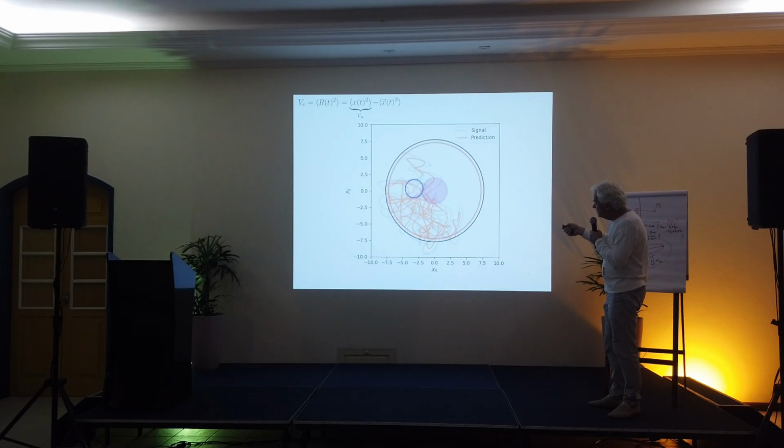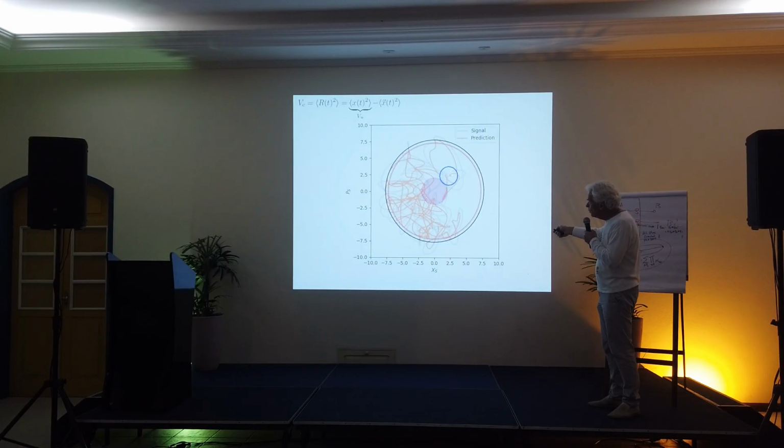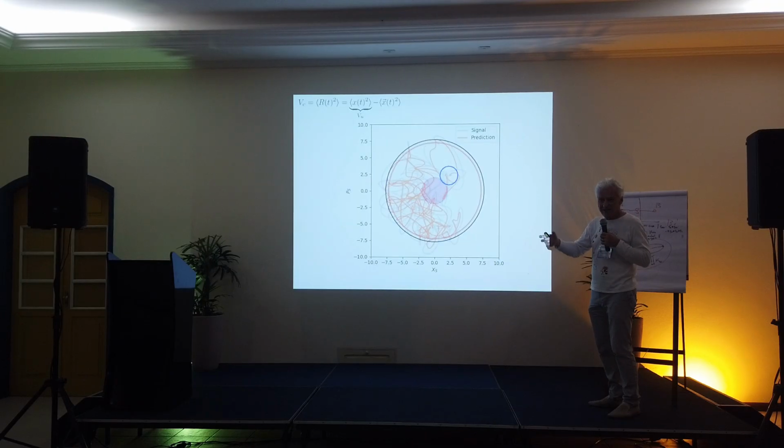And as you can see, the difference is well within this quantum limit. So we can actually predict it and then measure, which means that we know the sum of x's and the difference of p's with a precision which is better than the standard quantum limit.